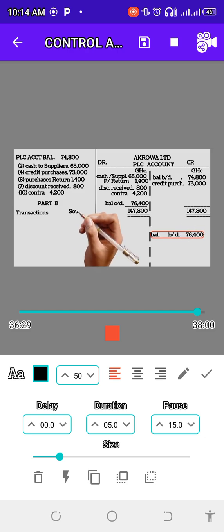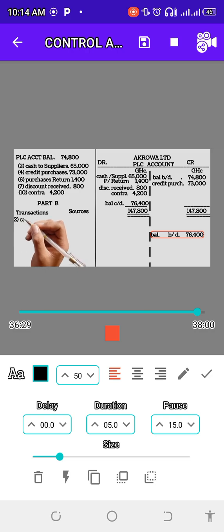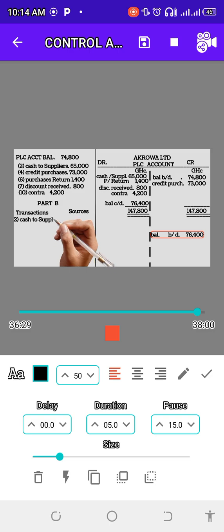Now part B of this: from all these items, where did you get the information from? What are the prime books where you get the information? The first item there is cash paid to supplier. That information is from the cash book.